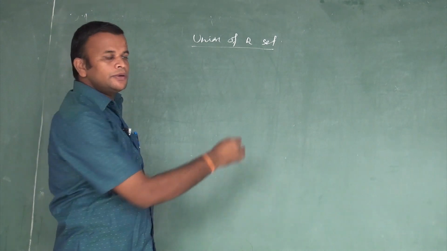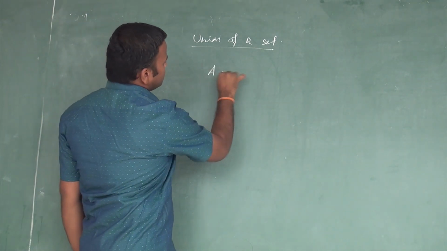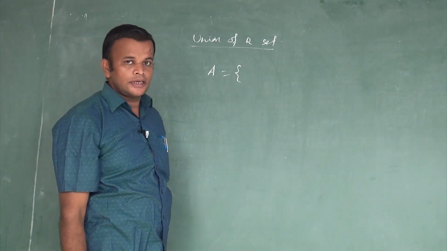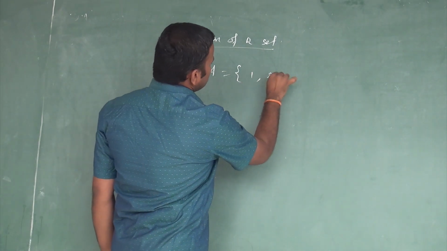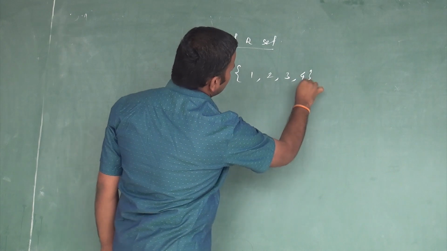For example, I will take two sets. The first one is set A. Suppose it contains the elements 1, 2, 3 and 4.